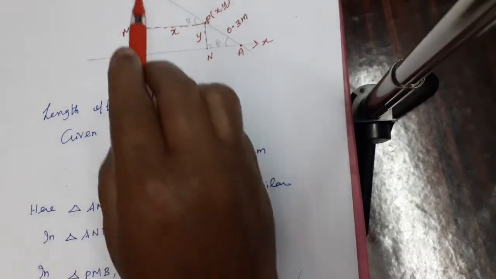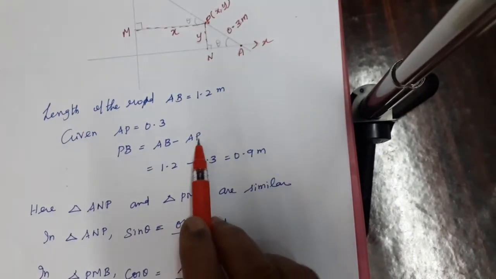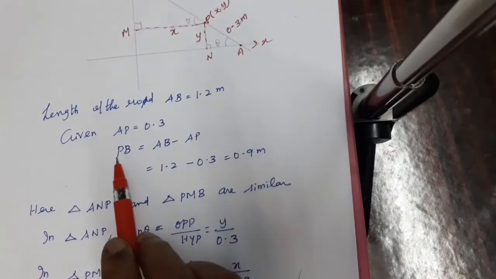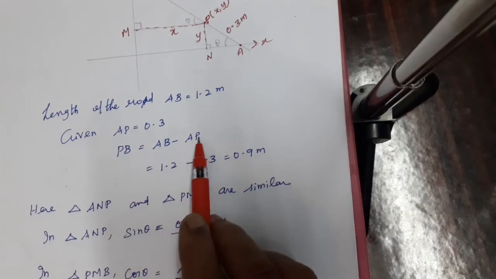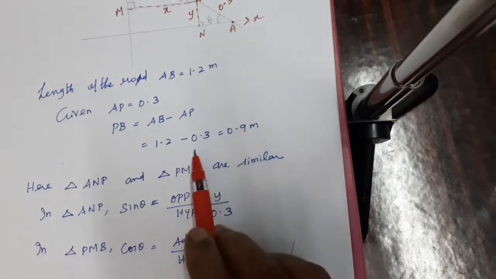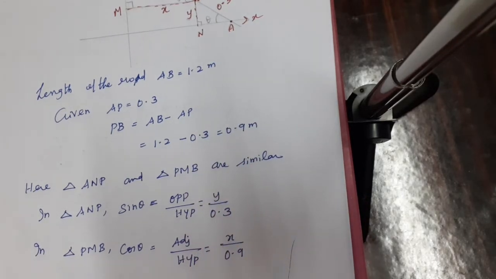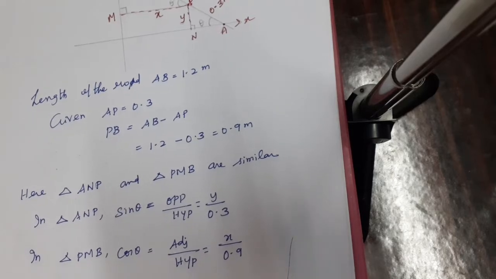PB is the total distance AB minus AP, which is 1.2 meter minus 0.3 meter, equal to 0.9 meter.